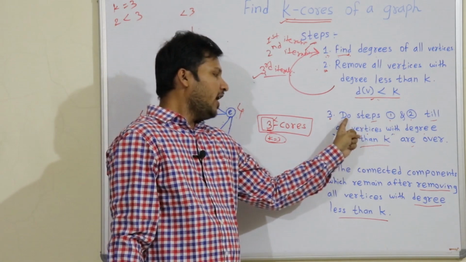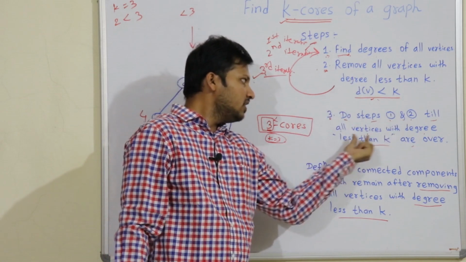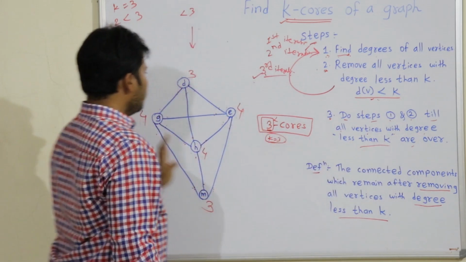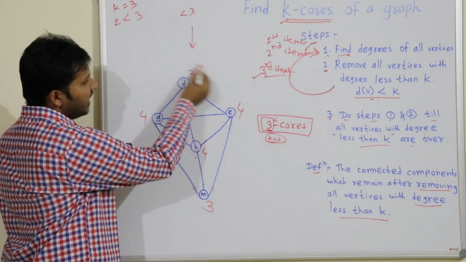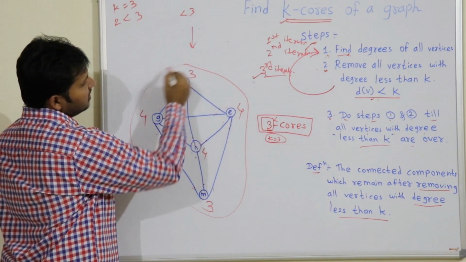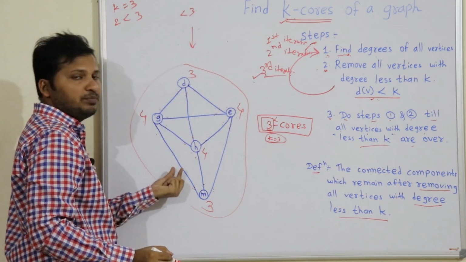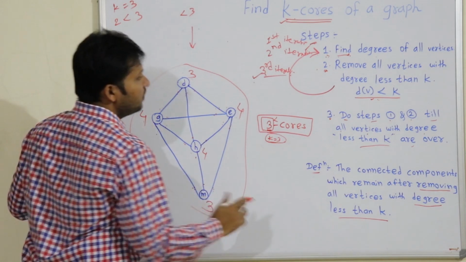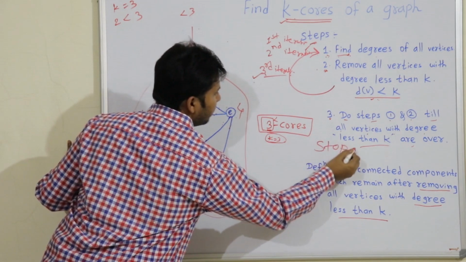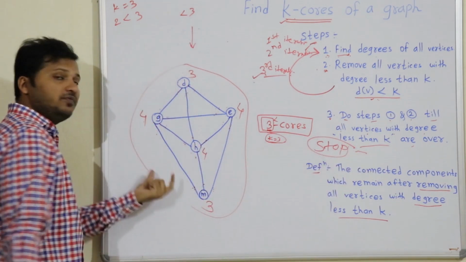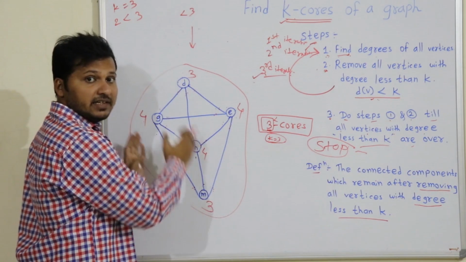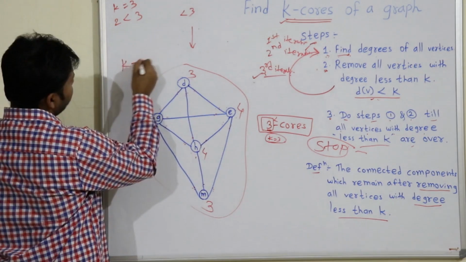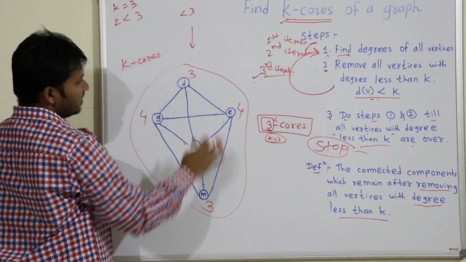So you have to keep doing these steps till all vertices with degree less than k are gone. As we have not found any vertex with degree less than 3 here, it means vertices with degree less than 3 are over. So we can stop here, and when we stop, the connected components which we get here are called the k-cores of that graph.